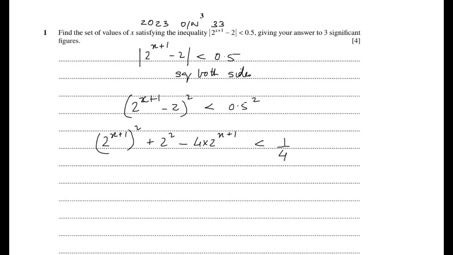So I'm just going to neaten this up. I get 2^(2x+2) plus 4 minus 4 into 2^(x+1), and I'm splitting this up into 2^x into 2^1, less than 1 by 4. These are using the rules of exponents.